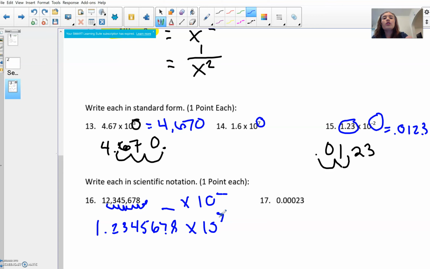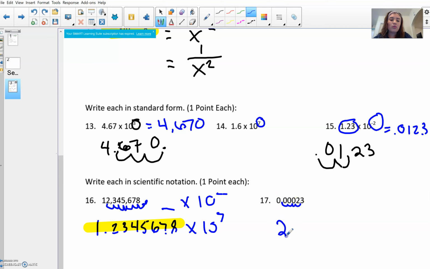The most important thing to remember is that this number has to be between 1 and 10. If we moved it 6 times, we would get 12.345678, and 12 is not between the numbers 1 and 10. So you have to remember that. For number 17, we're going to move that decimal to create a number between 1 and 10. So we're going to move it to the right 1, 2, 3, 4 times.